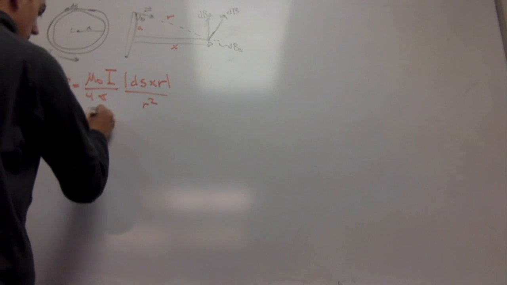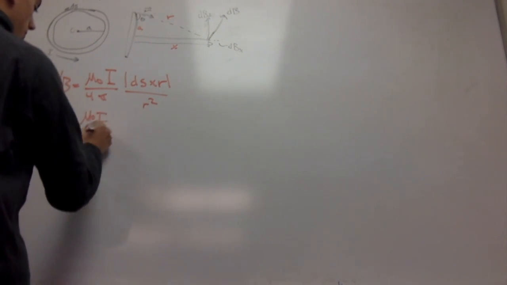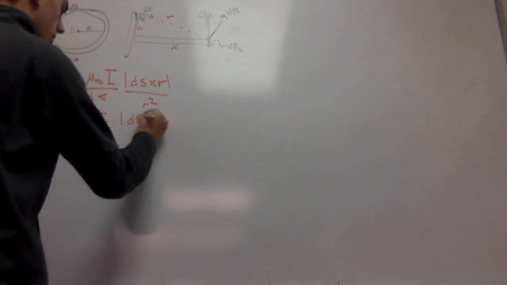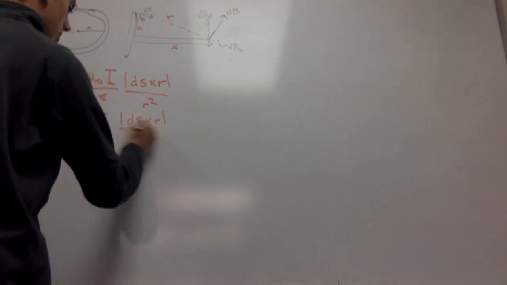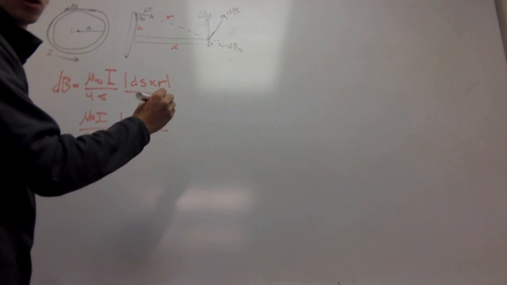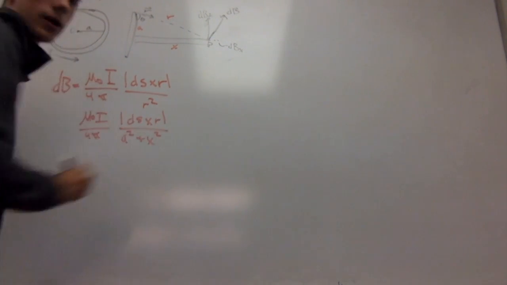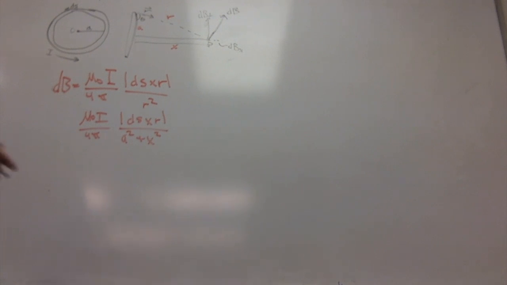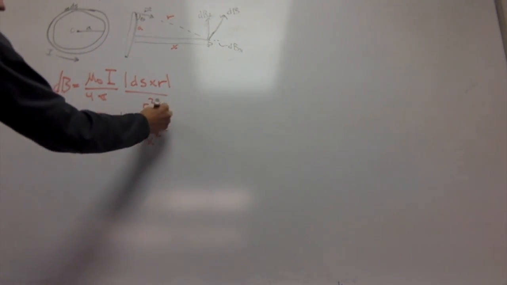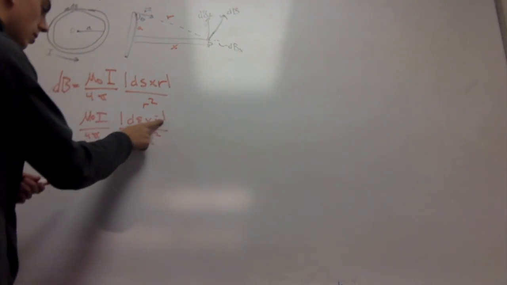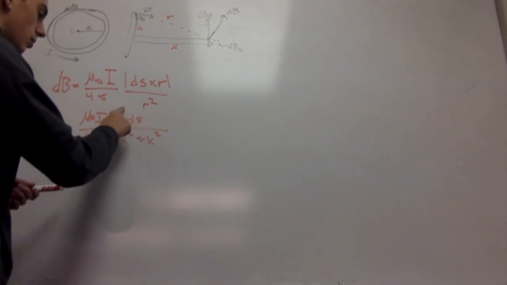So r squared will become a squared plus x squared. And because r is just a unit vector here, we can simplify this to ds.